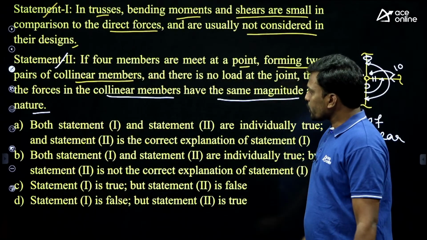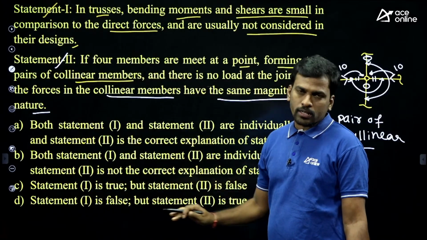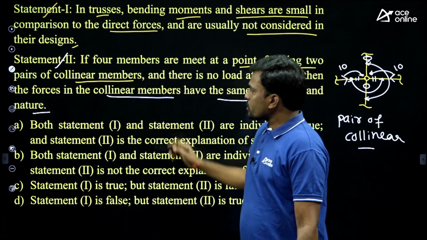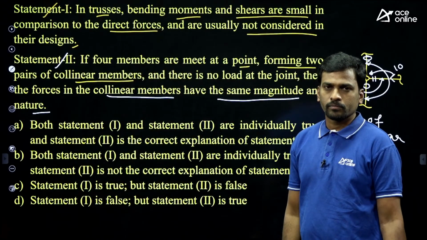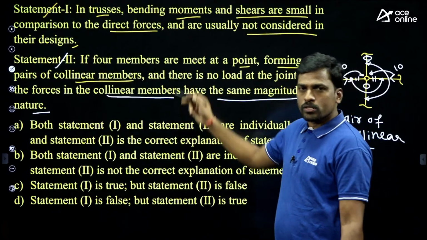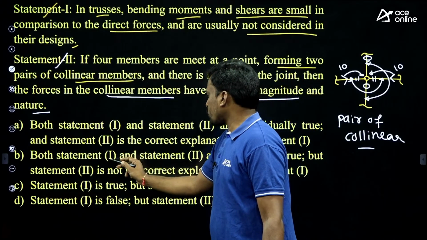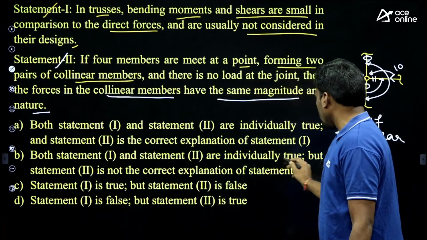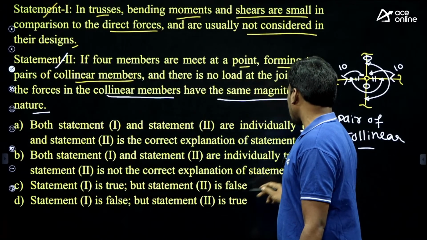Now tell me, students, both statements are true. Statement 1 is true, statement 2 is also true. Now tell me, is statement 2 a correct explanation of statement 1? No, there is no relation between these two statements, right? So both statements are individually true, but statement 2 is not the correct explanation of statement 1.